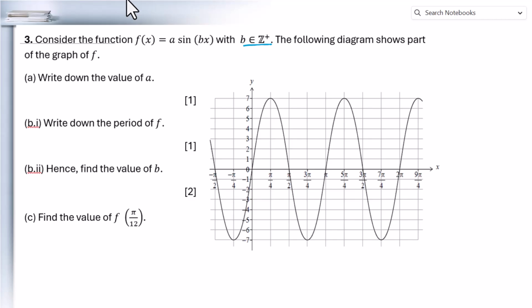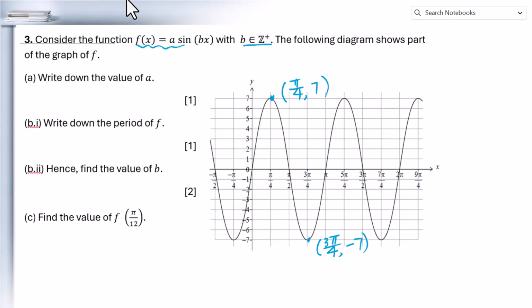First of all, you need to figure out the maximum and minimum points: pi over 4, 7, and 3 pi over 4, negative 7.